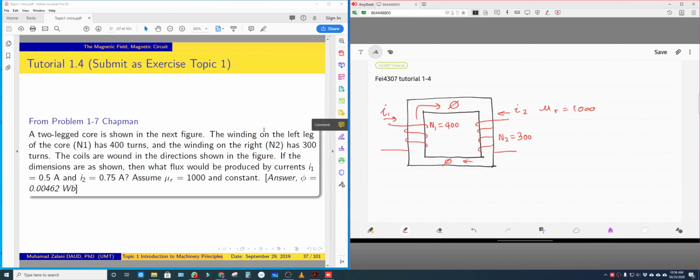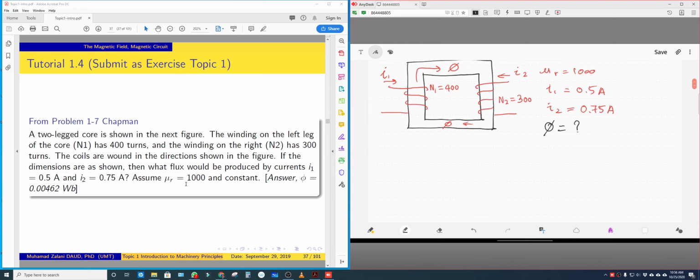Also given in the question is the current I1 is 0.5 ampere, and current I2 is 0.75 ampere. Now we want to find the flux, in Weber, that is moving inside the core, right?